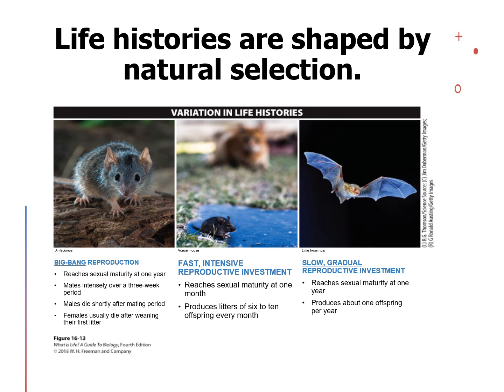And what happens is they reach sexual maturity at 1 year. The males will mate intensely over a 3-week period, and over that 3-week period, they will have 12 hours of copulation at a time. And then, once that 3-week period is up, they will die.